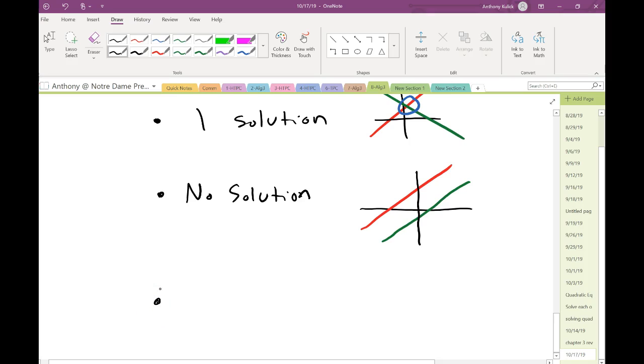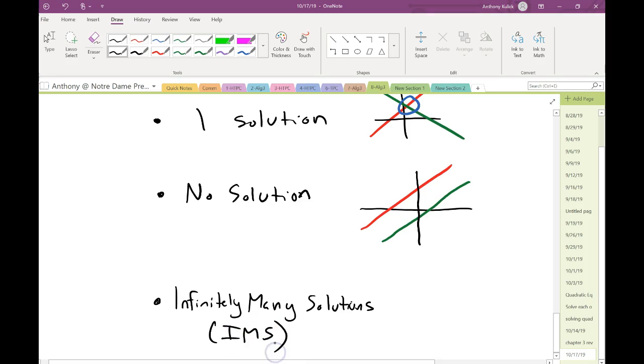Now there's one more situation that can happen here. So we wouldn't say all solutions, but we would say infinitely many solutions. I usually abbreviate that phrase as IMS. What would infinitely many solutions look like? They'd be the same line.